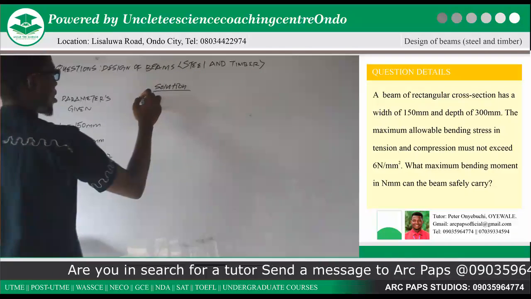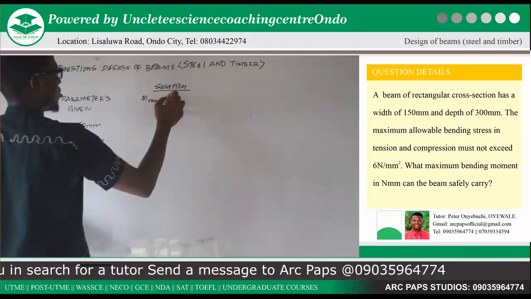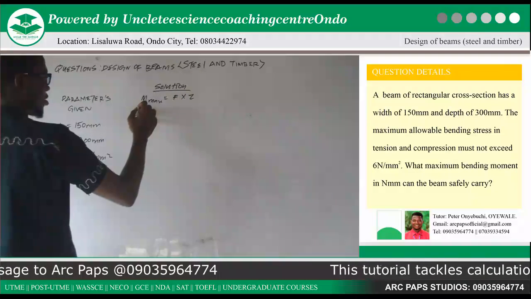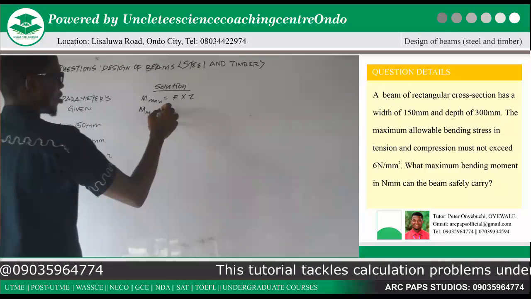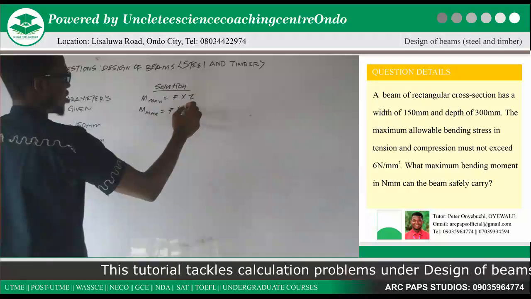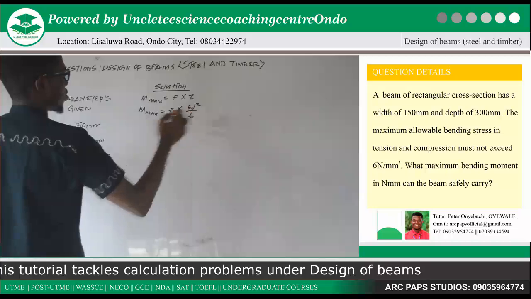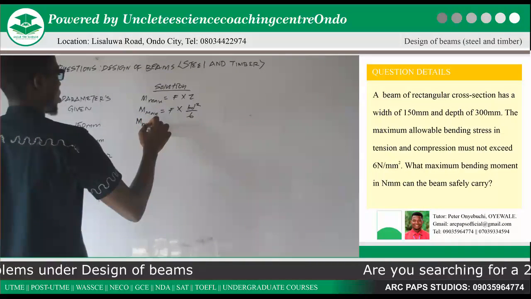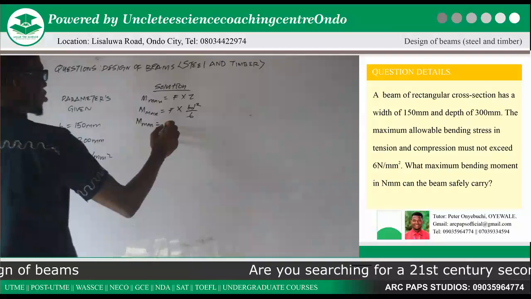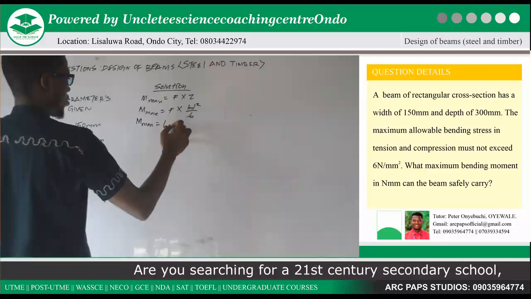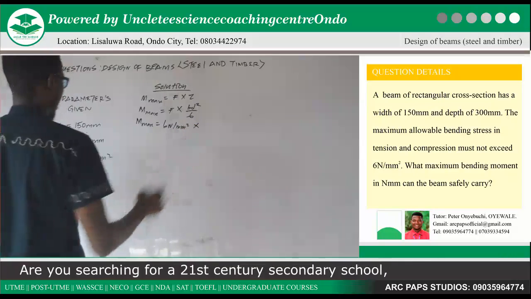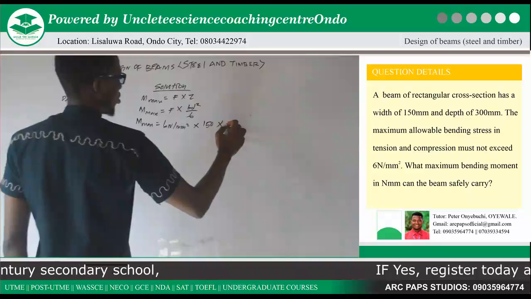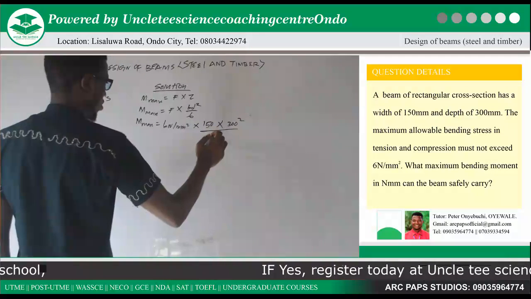and we know that our M max is given by F times Z. Now our M max is given by our F times Z, which is BD cubed divided by 6. Sorry, BD squared divided by 6. So our M max will then give us our F, which is 6 Newton per millimeter square, times our B, which is 150, times our D, which is 300 square, divided by 6.